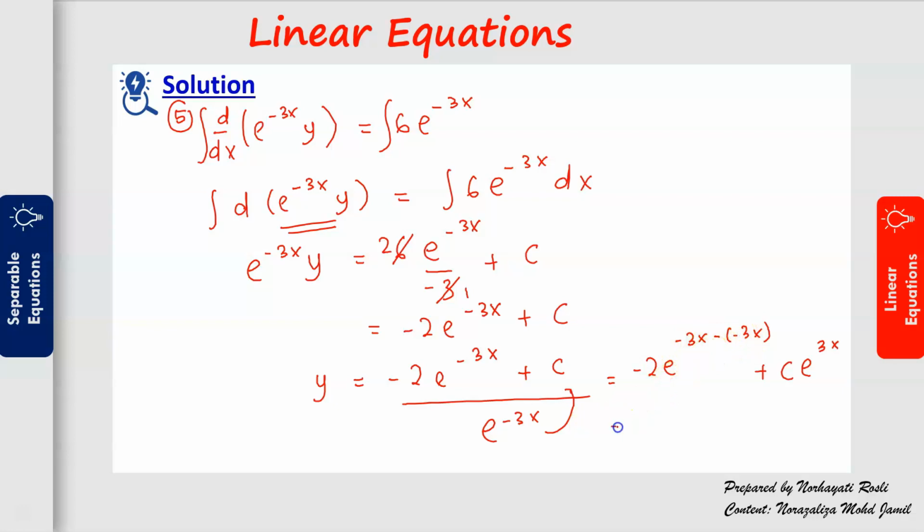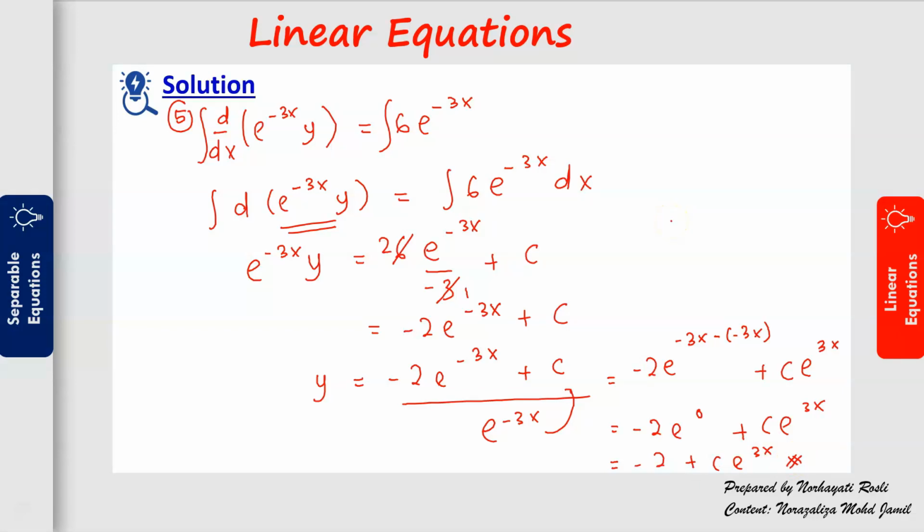So you have equal to negative 2 exponential of 0 plus c exponential of 3x. And when we use a calculator, exponential of 0 is 1, so it is equal to negative 2 plus c exponential of 3x. So this is the final solution of this problem.